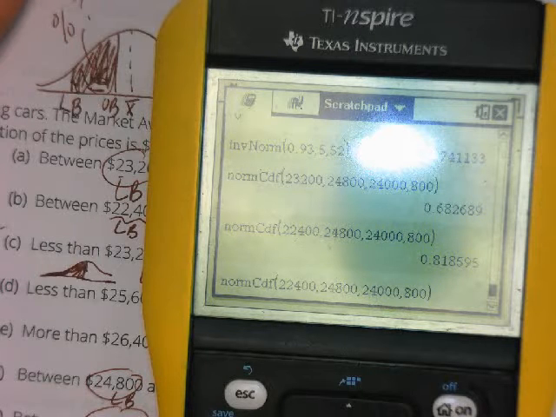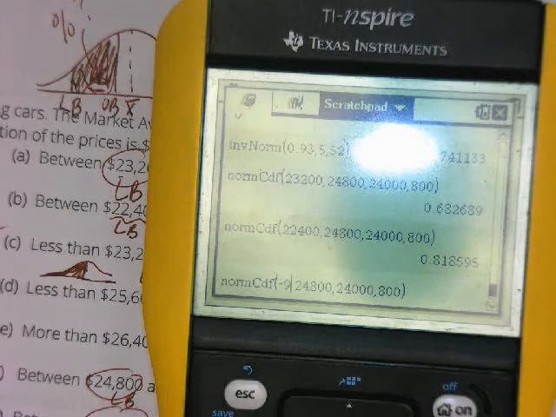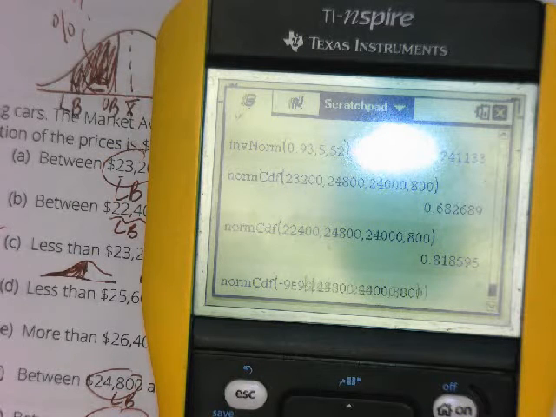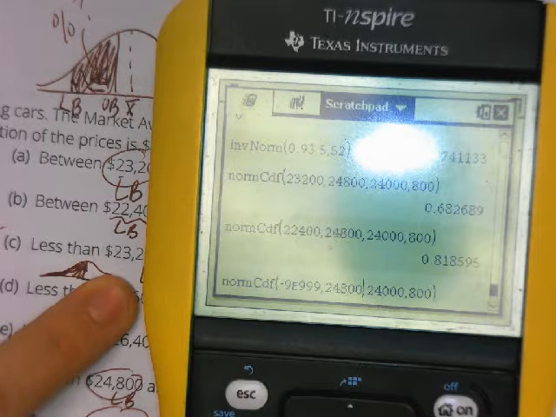So your negative infinity goes right here, and we called that negative 9E999, comma, and then our upper bound is 23,200.